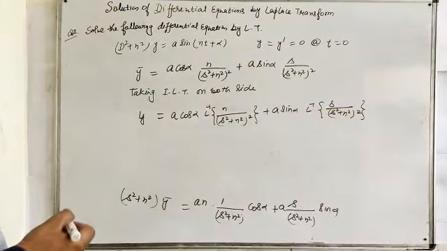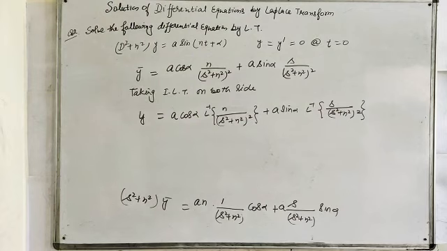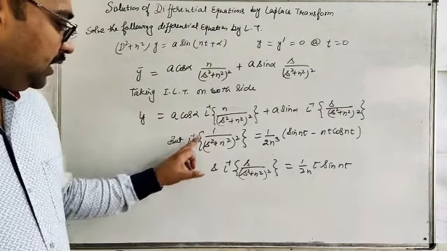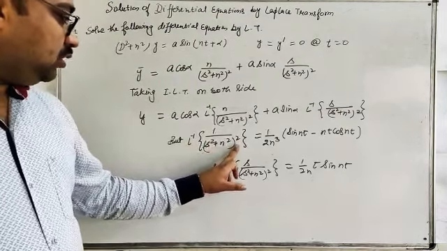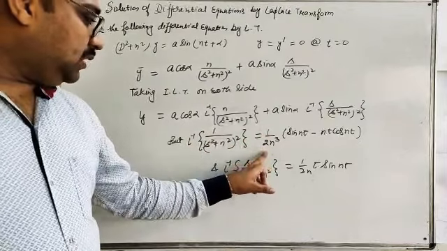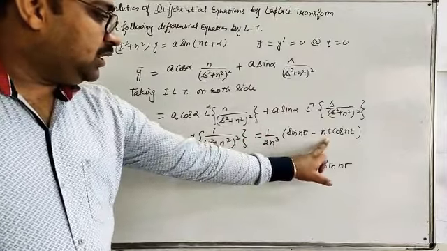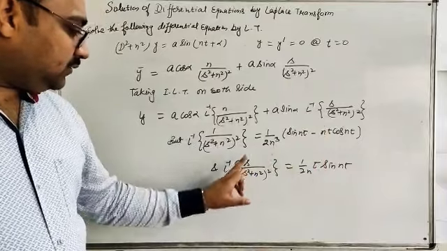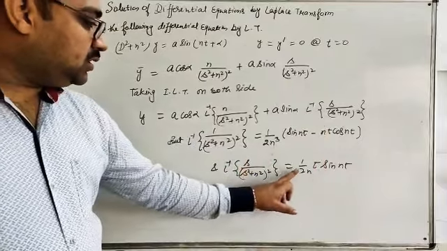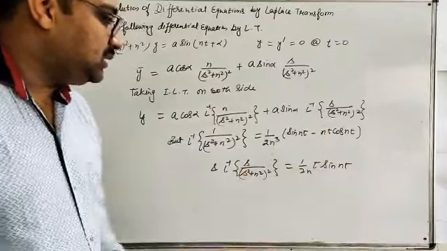So how to solve these? From the formula, inverse Laplace of 1 upon (s square plus n square) whole square can be rewritten as 1 upon 2n cube (sin nt minus nt cos nt), and inverse Laplace of s upon (s square plus n square) whole square is equal to 1 upon 2n t sin nt.